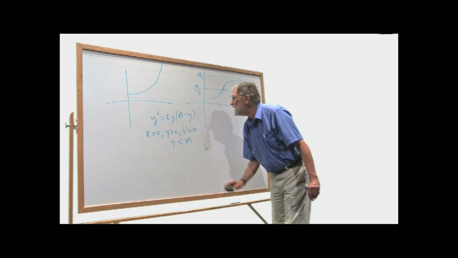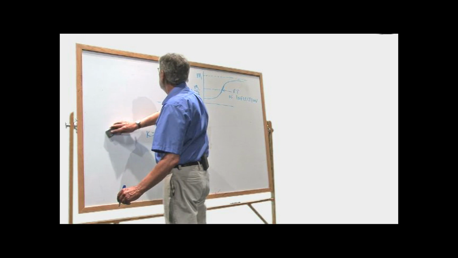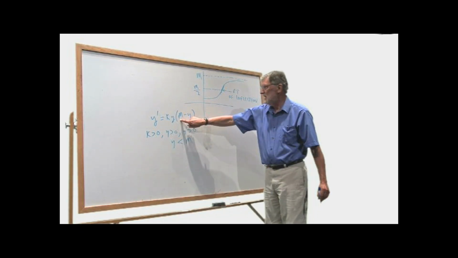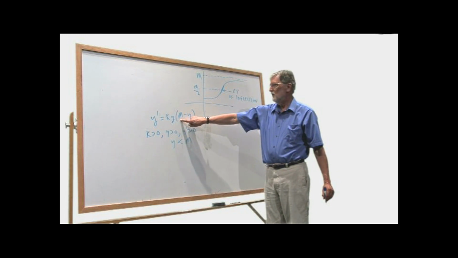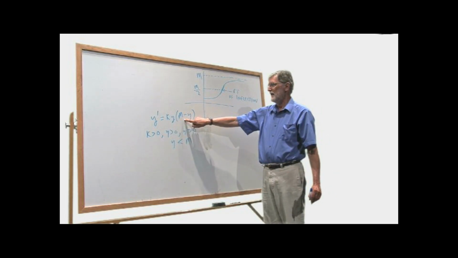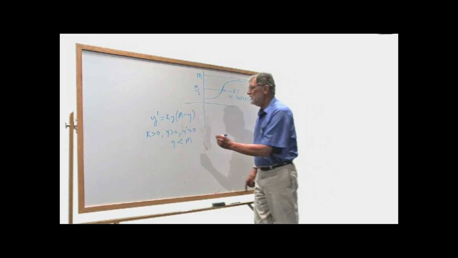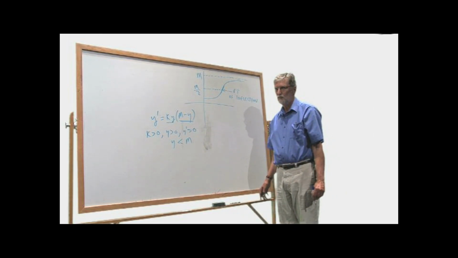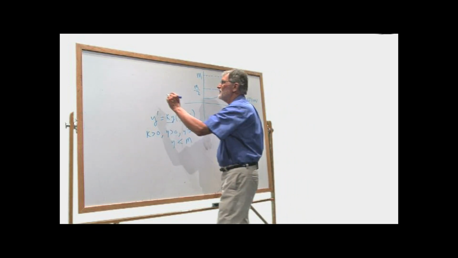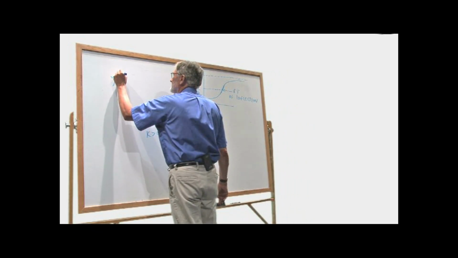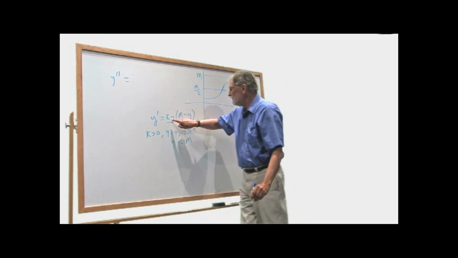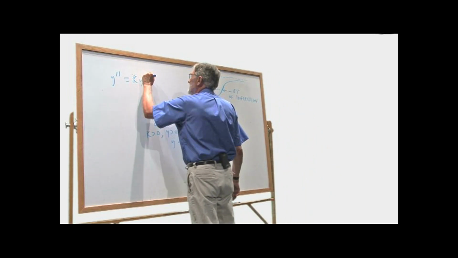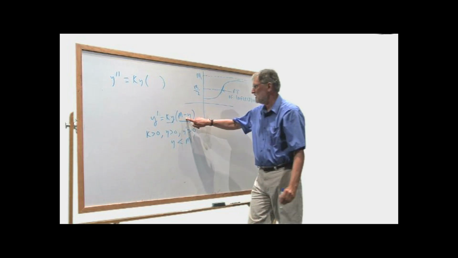Well, let's get rid of this pesky exponential model. We don't really need that right now. And now we're going to take this expression right here, and we're going to find its derivative. We're going to find y double prime. In order to do that, we need to know a rule of calculus called the product rule. The product rule says you take the first expression, that's ky, times the derivative of the second expression.